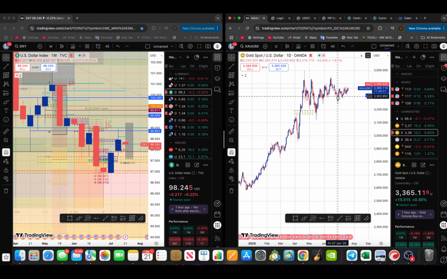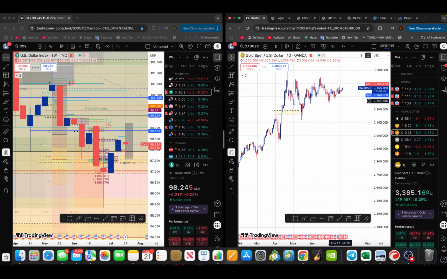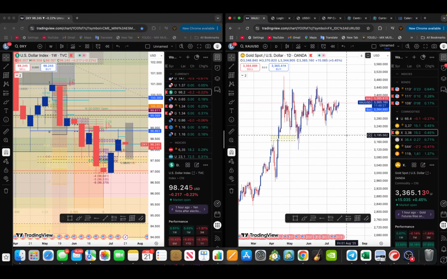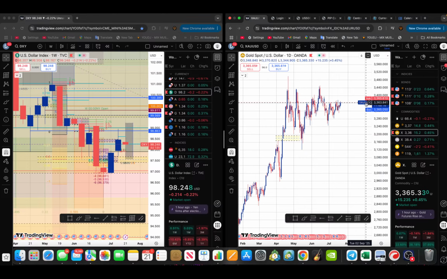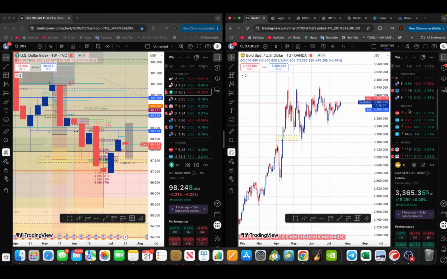So it's just been ranging. Used that again, went higher, used that. So it's essentially going to carry on going higher. Just created equal highs to be taking. So that's dollar, gold, bonds, indices, and euro dollar.